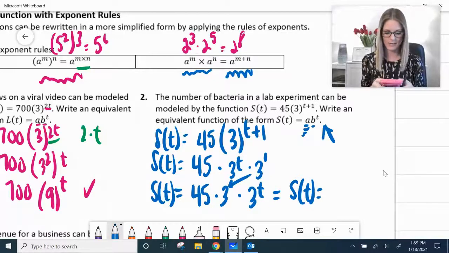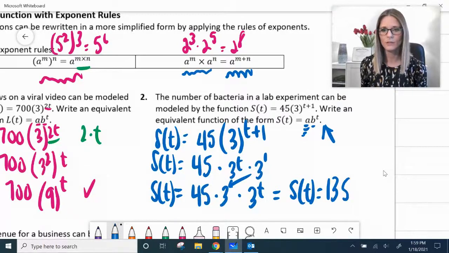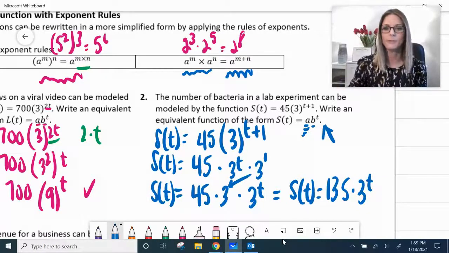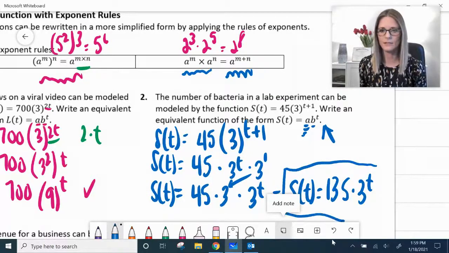So I'm going to go to my calculator here, basic calculator, 45 times 3, 135 times 3 to the t. And that fits the form that they wanted, an A coefficient times a base with an exponent. So that is my answer.